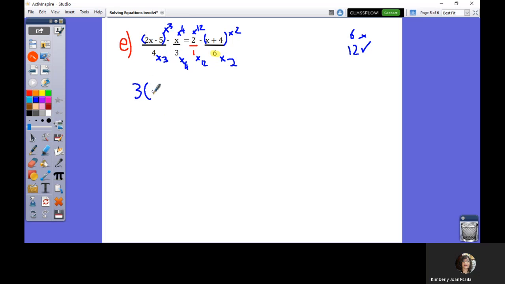So here we have 3, brackets 2x minus 5. This is why I told you to group them in brackets, because we have to expand now.